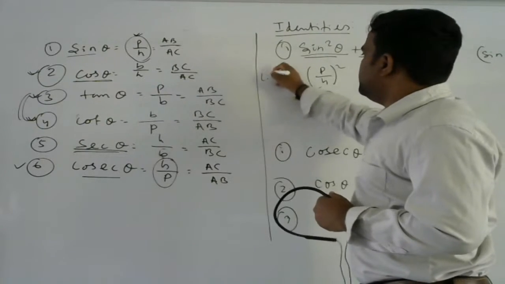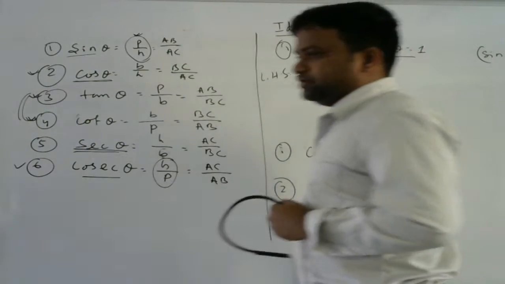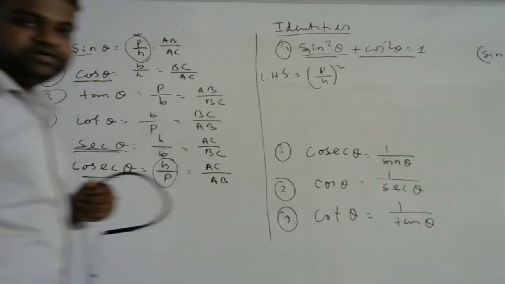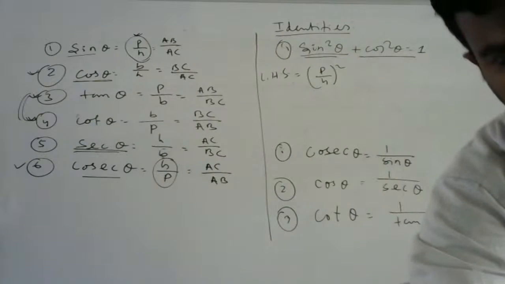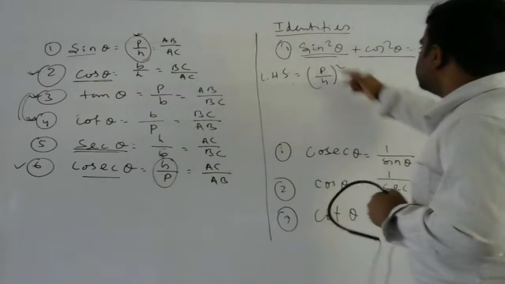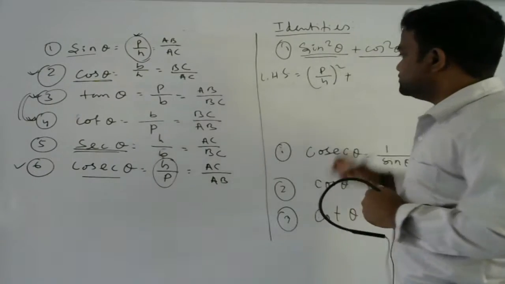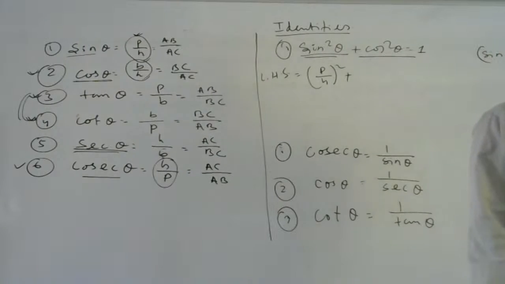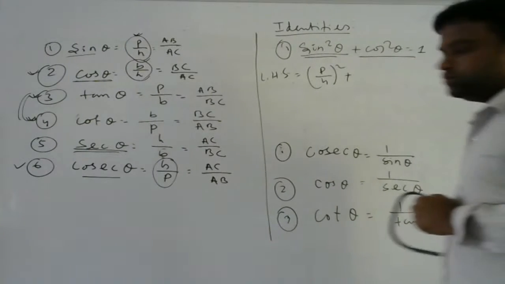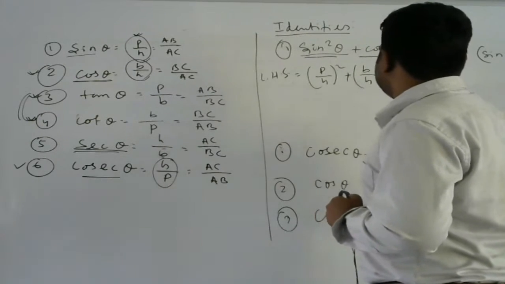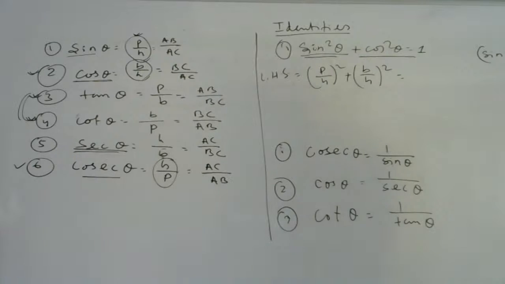Taking the left hand side, sin theta is p upon h and cos theta is b upon h. So you can write this as p upon h whole square plus b upon h whole square.